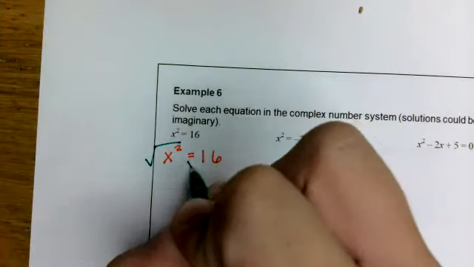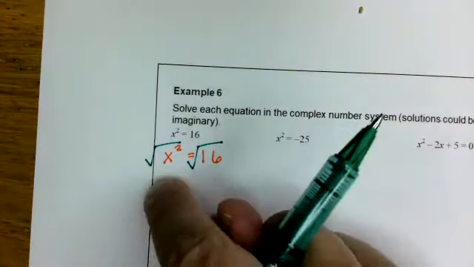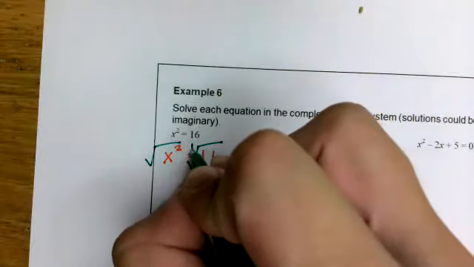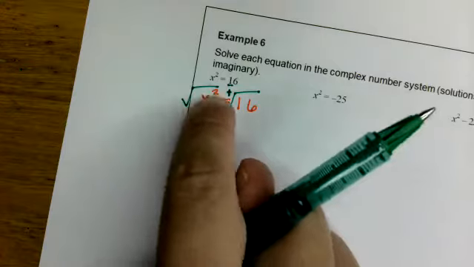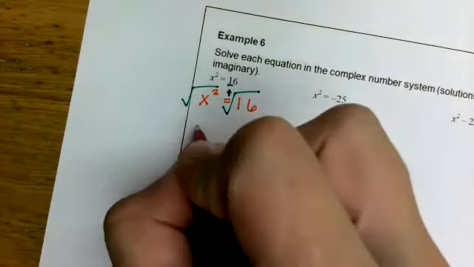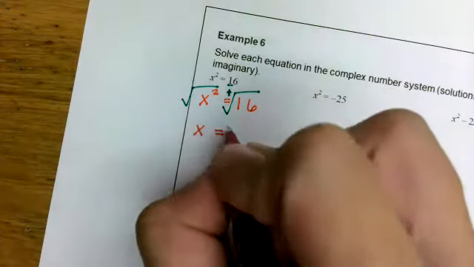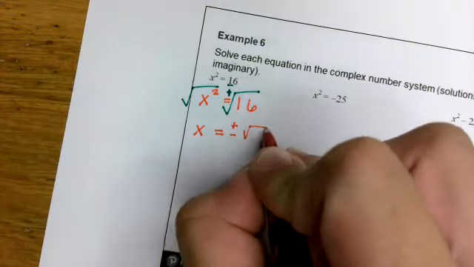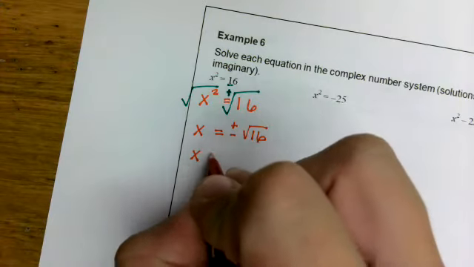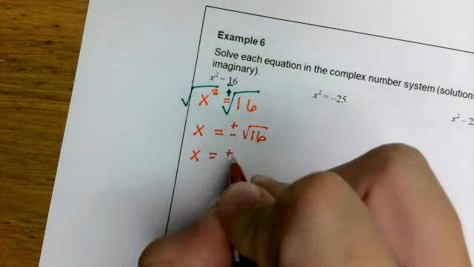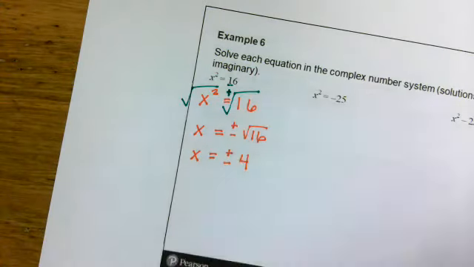Solve for x. Remember, if I add a square root, I need to put a plus and a minus sign. The square root gets rid of the squared, so x is plus or minus the square root of 16. The square root of 16 is 4, right? So x is either a positive or a negative 4.